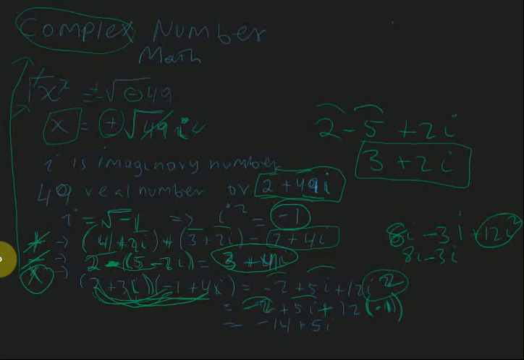Minus 2, and 12 times negative 1 is negative 12. So this becomes a negative 14 plus 5i. This is the final answer. This is how you do the complex, and I'm gonna do one more after this lesson.